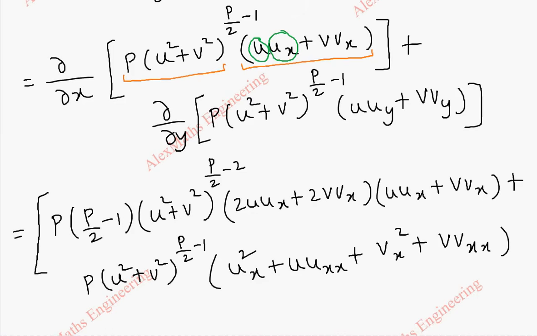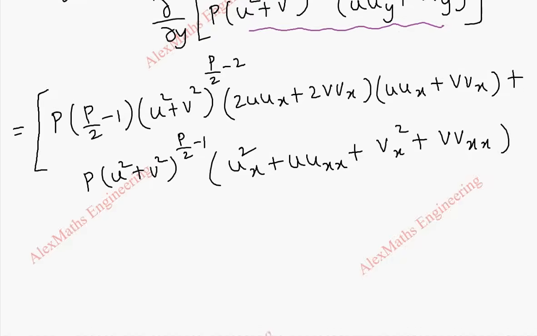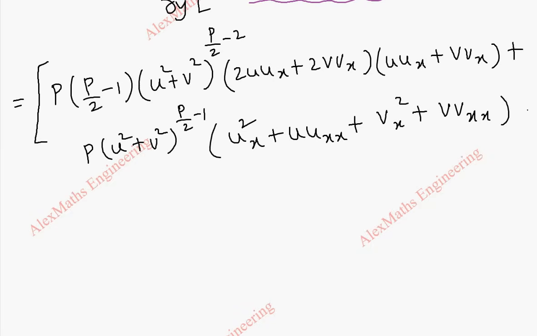Then coming to the next part, this is entirely partial derivative with respect to y. Since the terms are similar to the first one, we can just copy the terms, but instead of with respect to x, we have to write with respect to y.